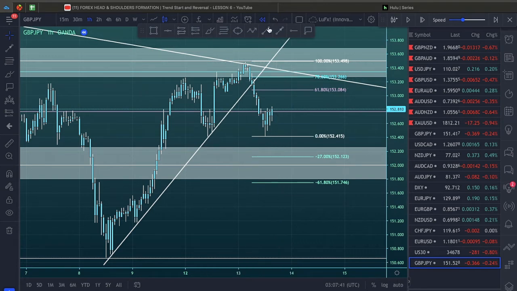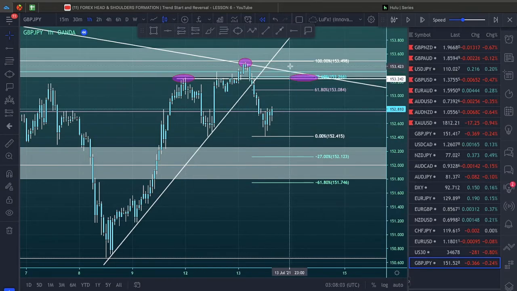So in the head and shoulders pattern, this is where you want to look to take the sell, or if it's flipped, this is where you want to take the buy, right? Off the left shoulder, resistance. So that's the left shoulder, head, and then this would be the right shoulder, right? Mirroring the left shoulder right here.